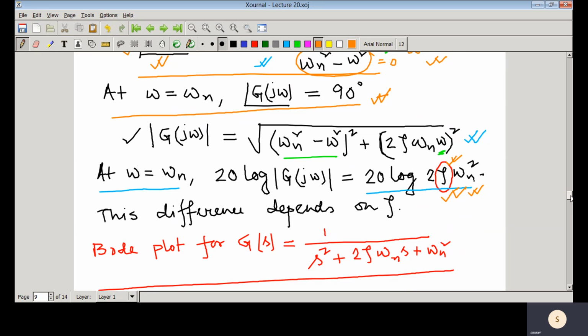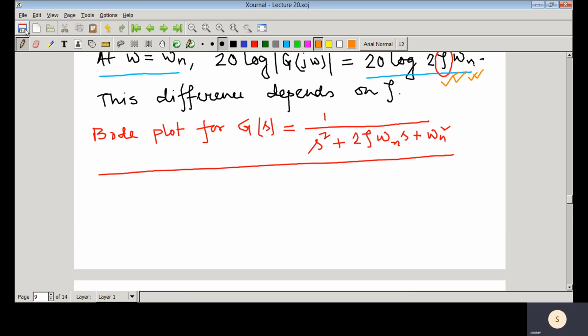Now let us see what happens if we have a second order factor in the denominator. It would be just the reverse of what we have seen for the other cases. Whenever the second order factor was in the numerator, the slope was 40 dB per decade.